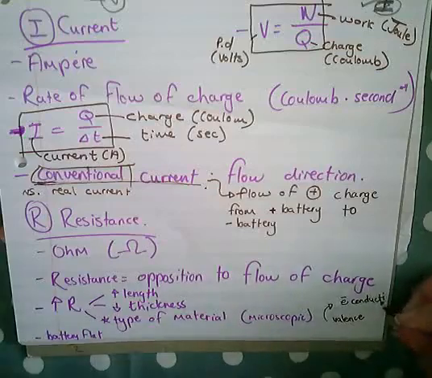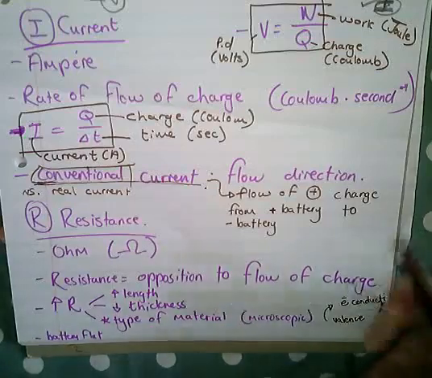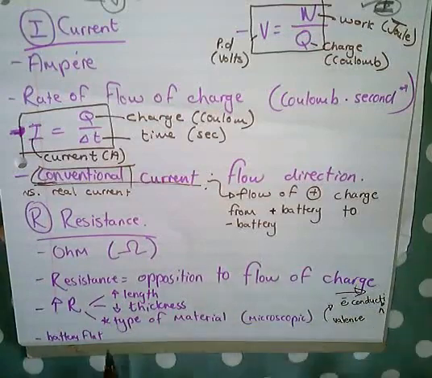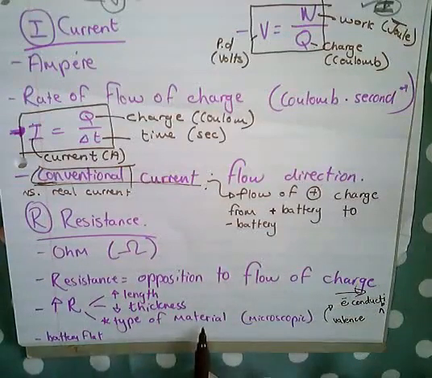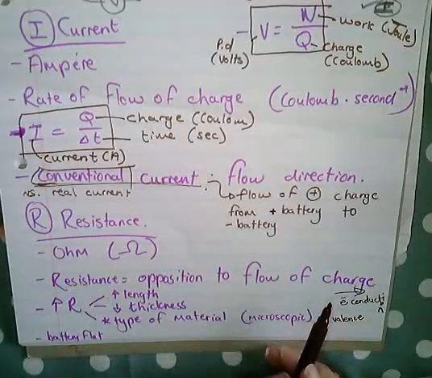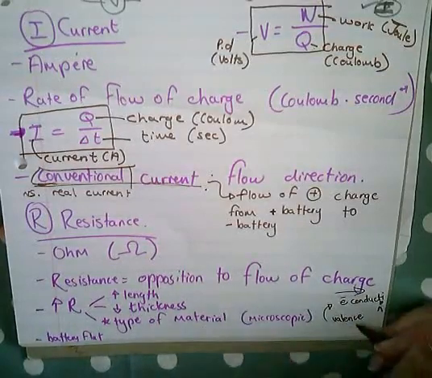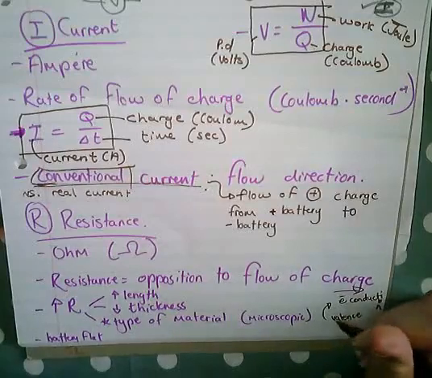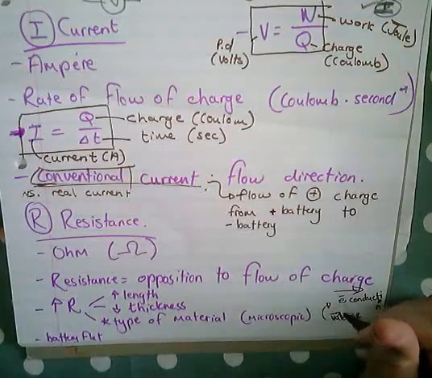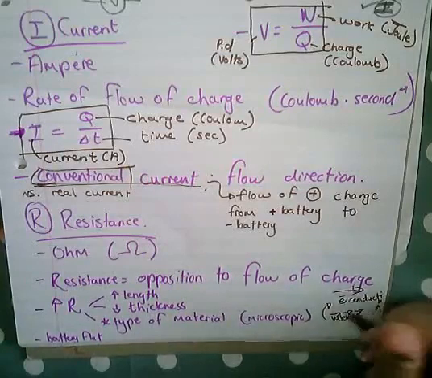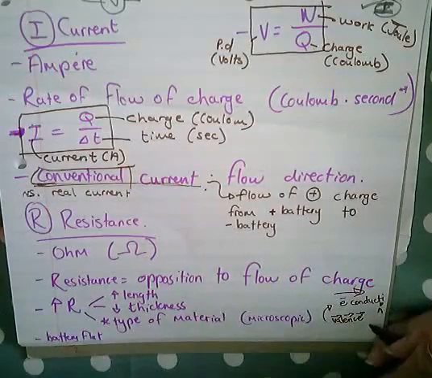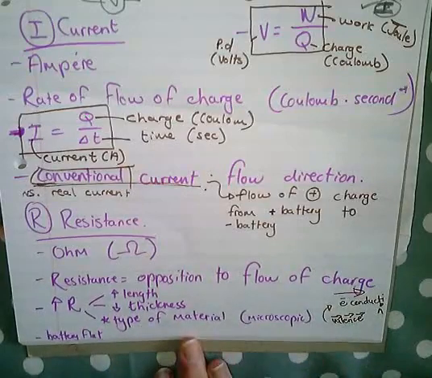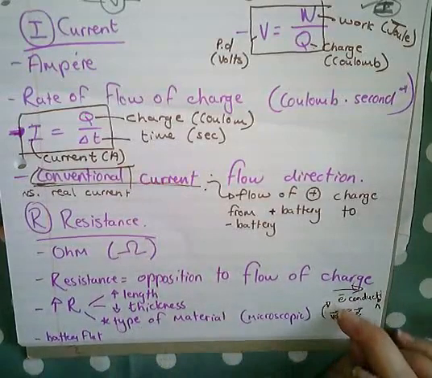So in the conduction band, electrons are free to flow. So now if you have a material that has a high resistance, it means that the valence band and the conduction band are very close to each other. So while electrons are trying to flow here, the electrons in the valence band are in the way. Okay. So if it has lower resistance, there's more space for the electrons to actually move.